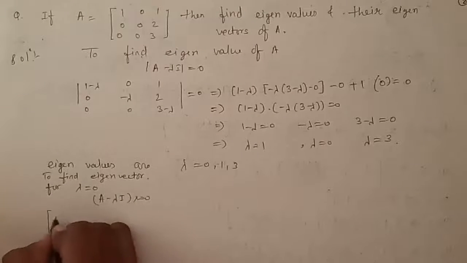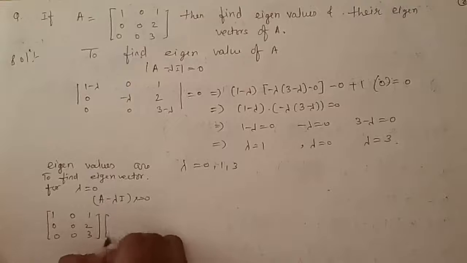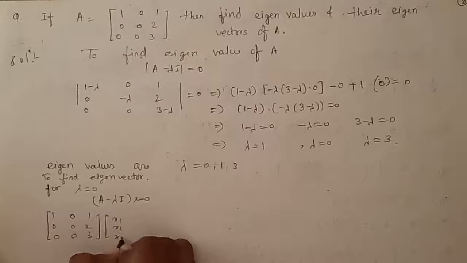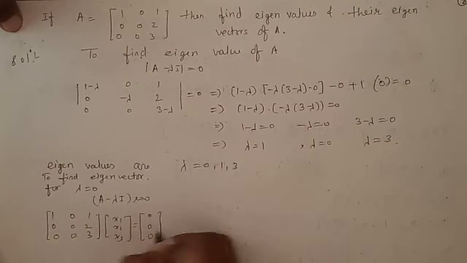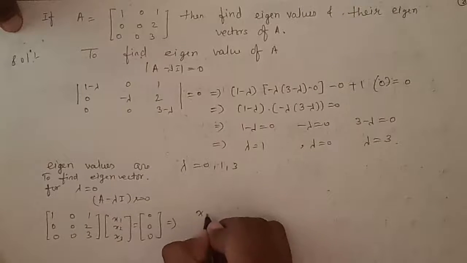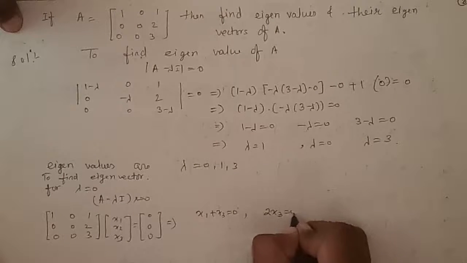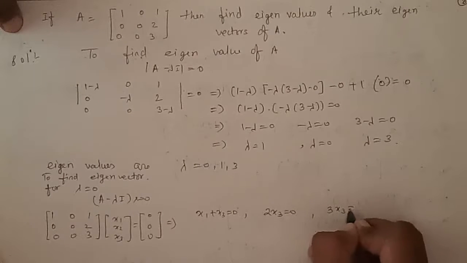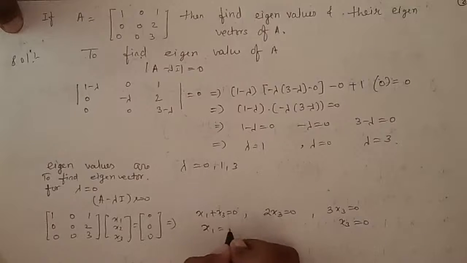So we have A as 1 minus 0, 0 1, 0 0 2, 0 0 3, x1 x2 x3 is equal to 0 0 0. On solving this, x1 plus x3 is equal to 0, 2x3 is equal to 0 and 3x3 is equal to 0. This implies x3 is equal to 0 and x1 is equal to minus x3.